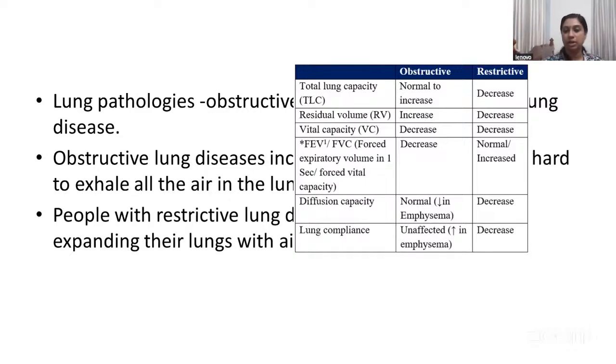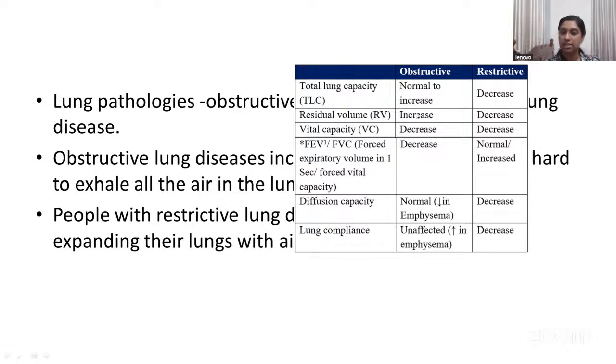Okay, so what are the peculiarities happening in both diseases? First is the total lung capacity. In obstructive, it is normal to increased. Why normal to increased? Because the air is not going outside, i.e. the exhalation is somewhat limited in obstructive diseases. Whereas in restrictive diseases, inhalation is decreased and hence the total lung capacity decreases. Next is the residual volume.